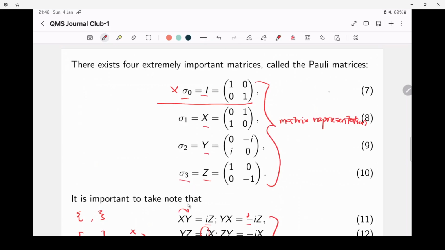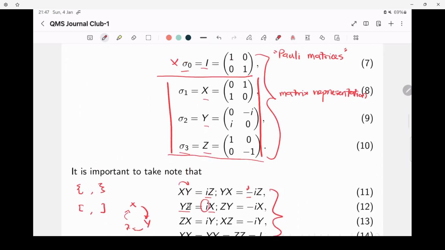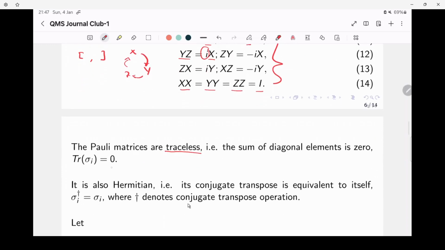The reason why I include sigma 0 as one of the so-called Pauli matrices, maybe I will talk about that in a much later presentation. But for now, when I say Pauli matrices are traceless, it only refers to sigma 1, 2, and 3. So this is one of the properties.